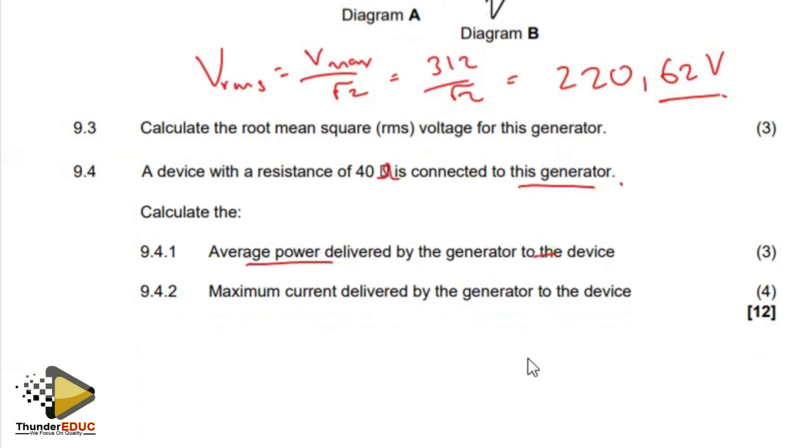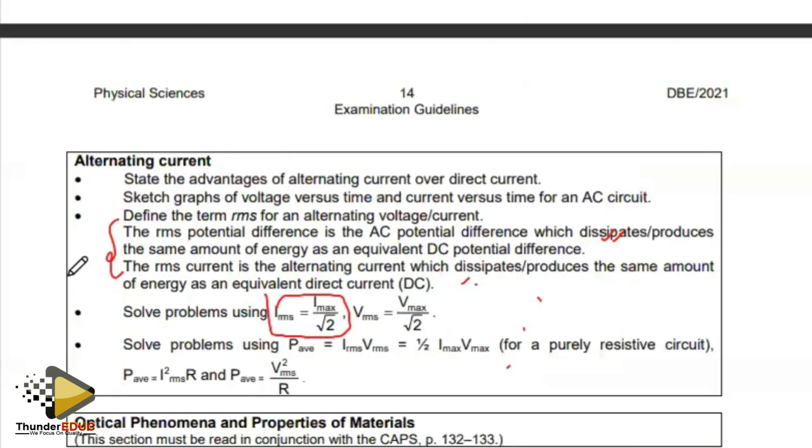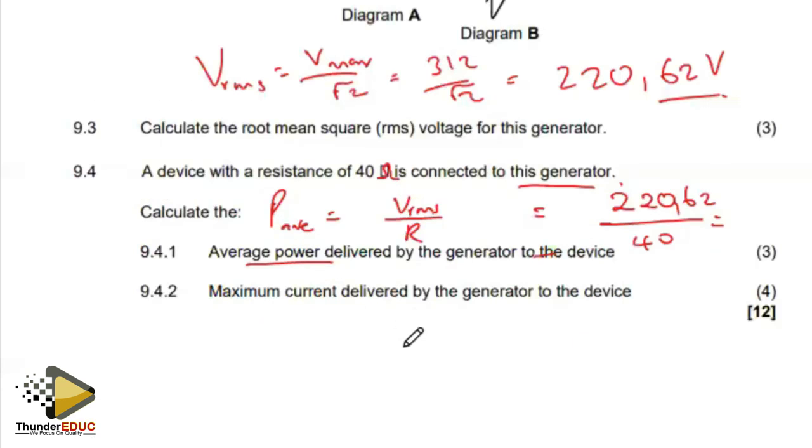Then a device having a 40 ohm resistor is connected to this generator. Calculate the average power that is dissipated. So average power will be equal to Vrms squared over R. Why do I have to use V squared over R?